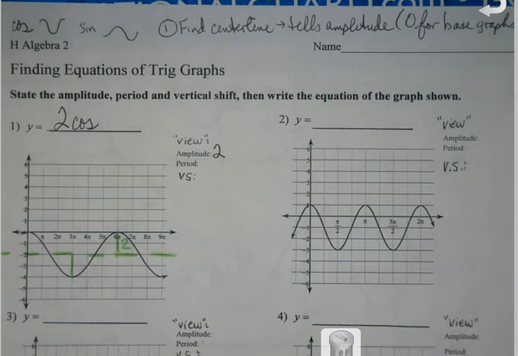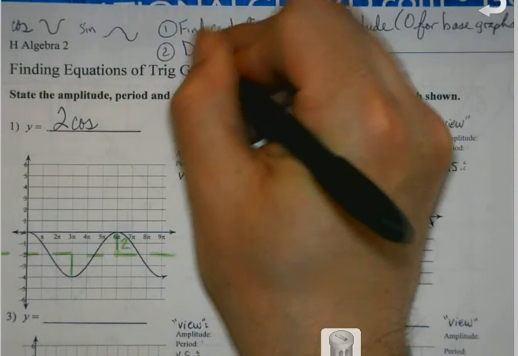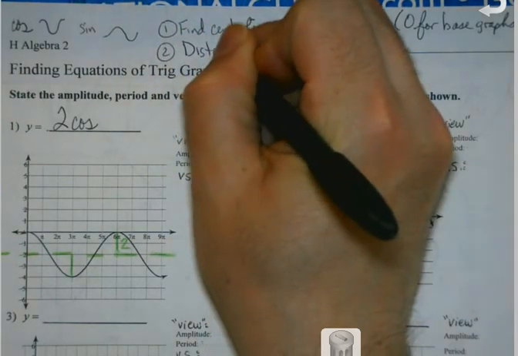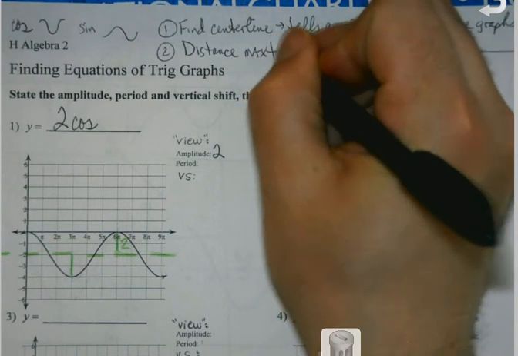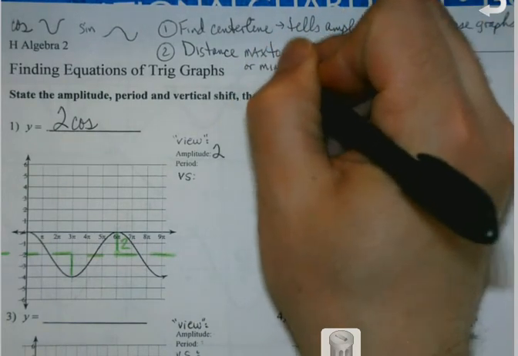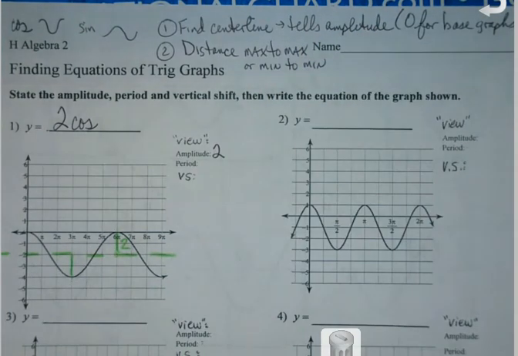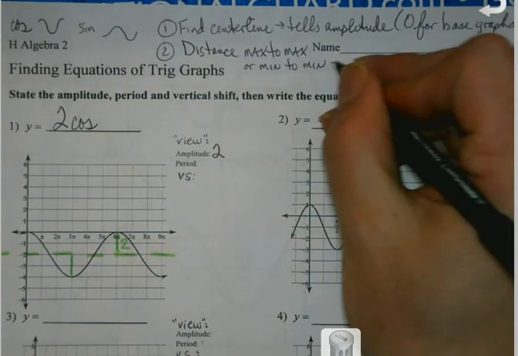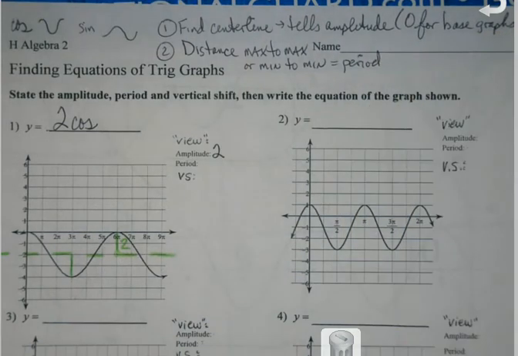Once I get the center line, my next job is my distance from maximum to maximum, or minimum to minimum, doesn't matter which I use, as long as I have 2 of both. That's going to equal my period.